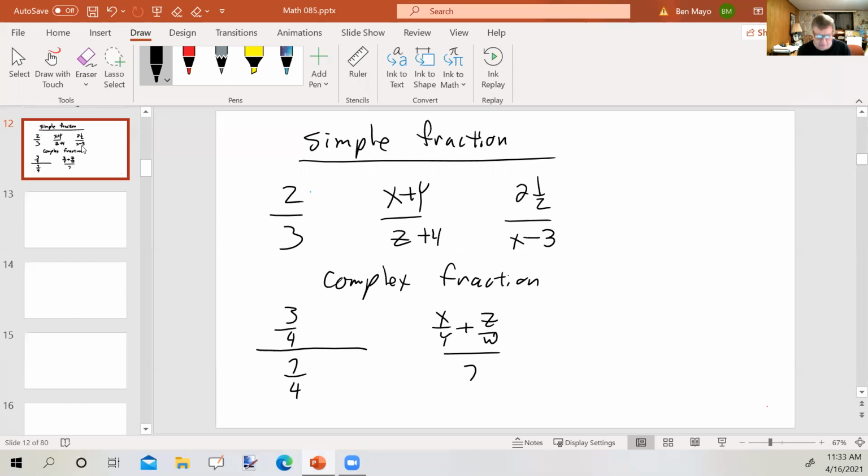That's a complex fraction because there's more than one fraction within the bigger fraction. What we're going to be looking at today is taking a complex fraction and simplifying it down to a simple fraction, and then if it can be reduced further, we'll do so.